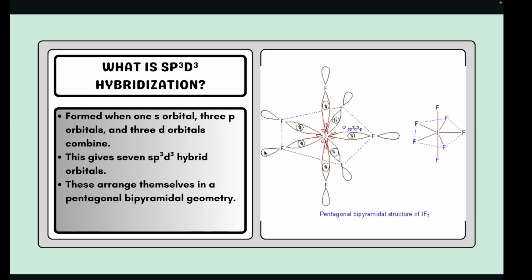Next hybridization is sp³d³. It is formed when 1s and 3p and 3d orbitals combine. This gives 7 sp³d³ hybrid orbitals, and these hybrid orbitals arrange themselves in pentagonal bipyramidal geometry. Like here in this picture you can see this is pentagonal shape and there are 2 axial positions.